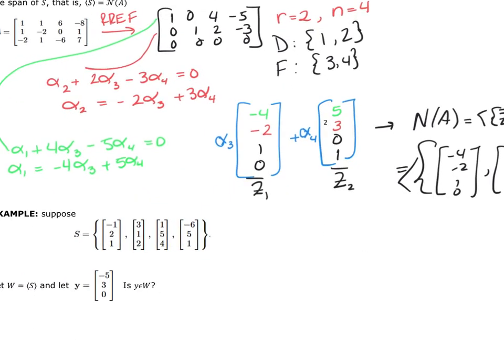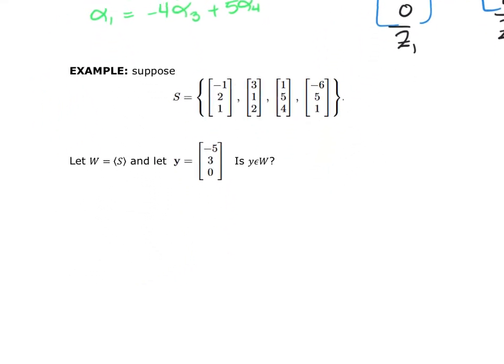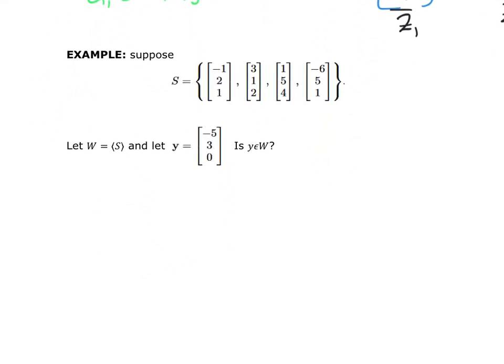So let's take a look at our next example here. Suppose we have these 4 vectors. And with these 4 vectors, what I'm asked to do is to determine whether or not y is in the span. Now here's some notation, so pay attention to this notation. They're telling me W is the span.